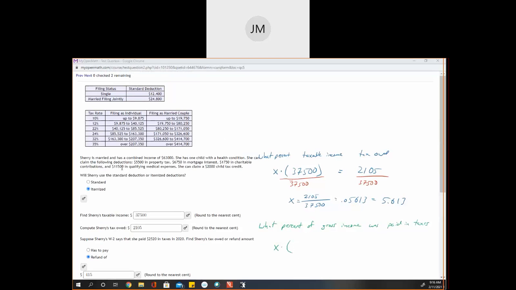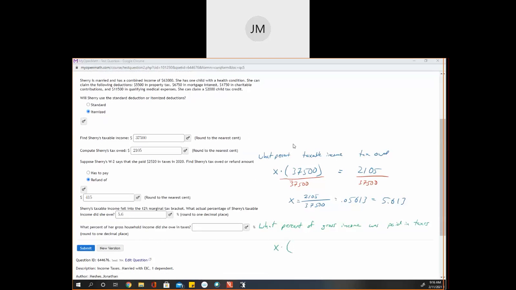We have to scroll up a little bit and remember, that's 63,000. And again, it's equal to the amount we paid in taxes, the tax owed, 2105. So I'm going to take 2105 and divide by the 63,000 to get my percentage.